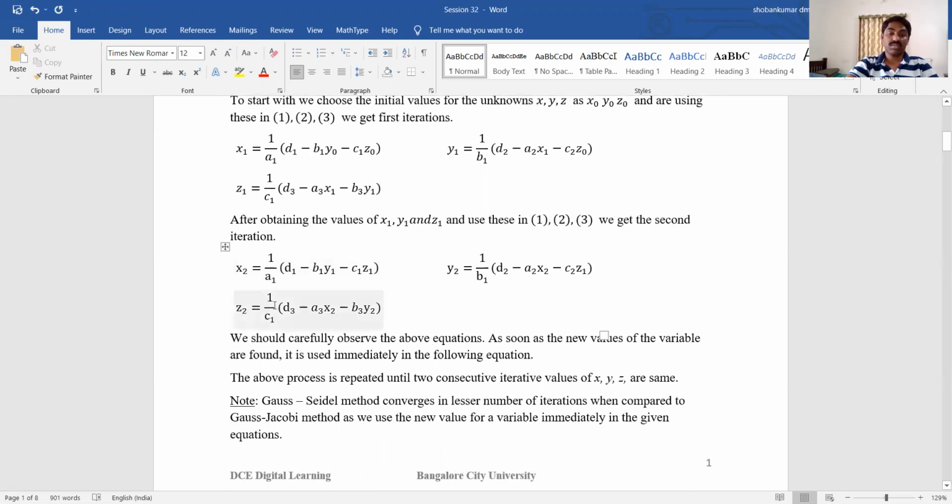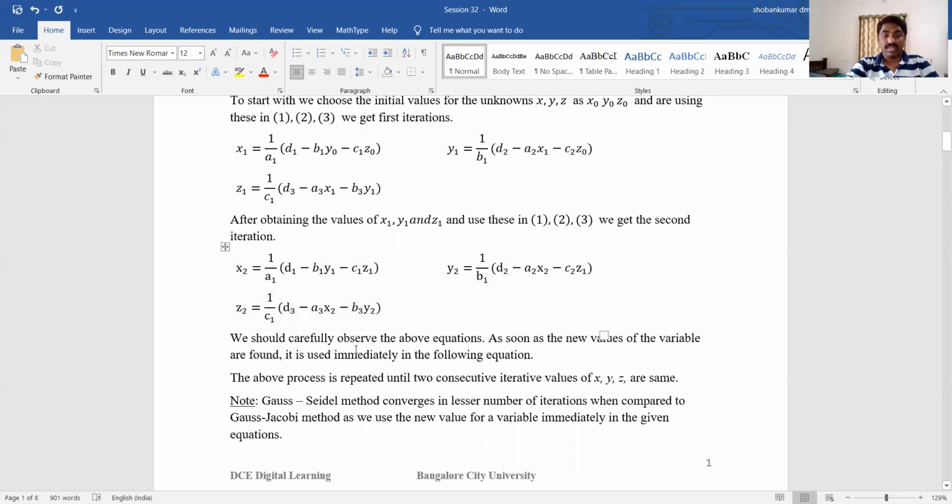Here x2 is equal to 1 upon a1 into d1 minus b1 y1 minus c1 z1. In y2, we can't use x1 because x2 is known. We use x2 here minus c2 z1, and z2 is equal to 1 by c1 into d3 minus a3 into x2 minus b3 into y2.